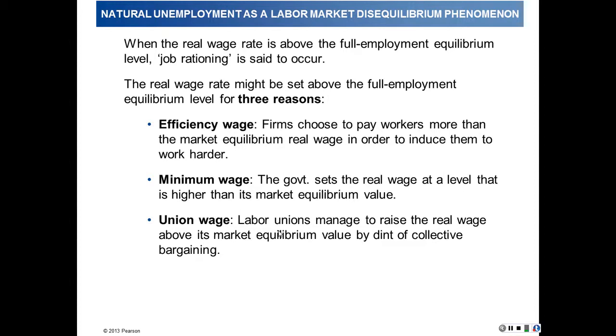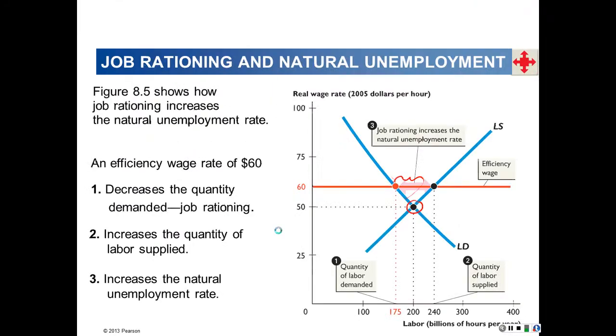So sometimes it makes sense for a company to pay workers a wage that is higher than the equilibrium wage, right? And this is what's called efficiency wages. Wages designed to bring about more efficient workers, right? So for these three reasons, the real wage may be prevented from falling all the way down to $50 an hour. So it's going to be 60 in this story because of those three reasons.